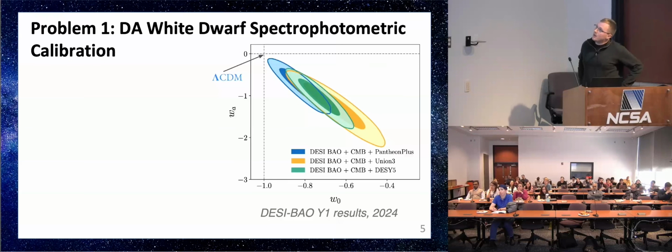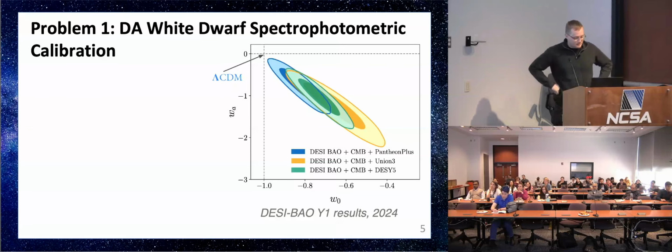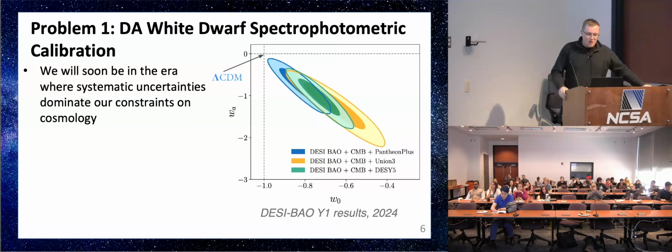So the first problem is DA white dwarf spectrophotometric calibration. We'll soon be, or maybe we're already even there, in the regime where our systematic uncertainties are dominating over our statistical uncertainties. And this is only going to get worse as we get more data.